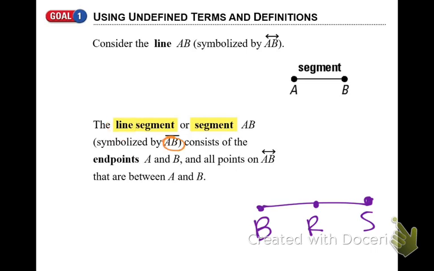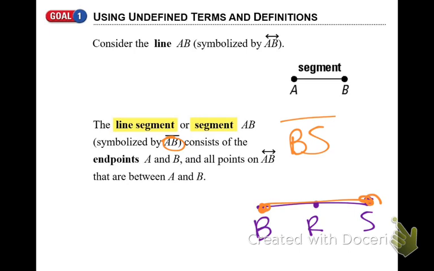But if I said BR, where's my starting and stopping point? B and R. Does that include the entire line? No. So in order to name this line, what would I have to call it? BS or SB, in order for it to start on the letter B and end on S. You would never use 3 letters to name a line. You always use 2, the 2 endpoints. That's a line segment.